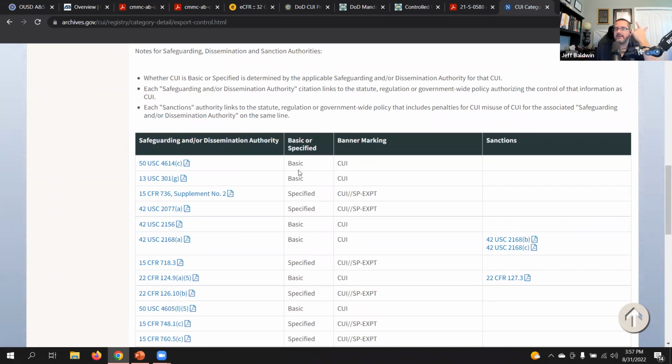This is more advanced, and this is not going to be on the CCP. But when you are a government original classification authority and you're following 5200.48, and it says you're supposed to tell the contractor what's going to be CUI on their contract, they should be looking at these dissemination and safeguarding authorities, these CFRs and US codes, to determine whether the information on that contract is going to be basic or specified.